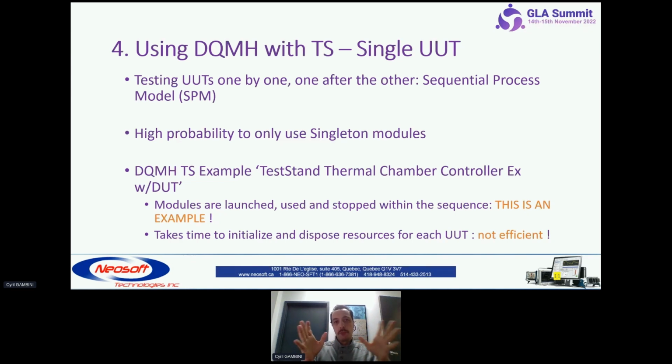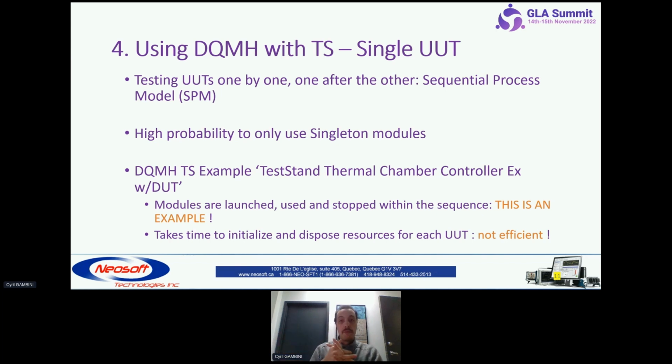And in the sequential process model, there is a high probability that you will only use singleton modules. You've got one test socket, and that test socket will need to launch all the modules it needs to perform the test required or scripted in the sequence, and it will stop them when done.